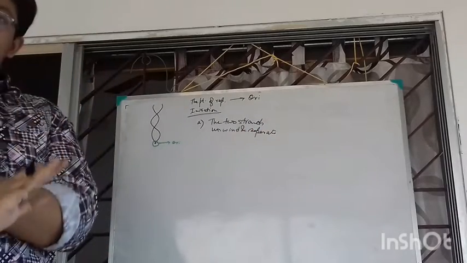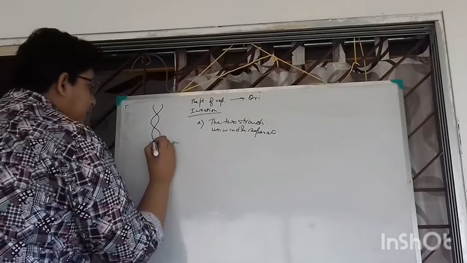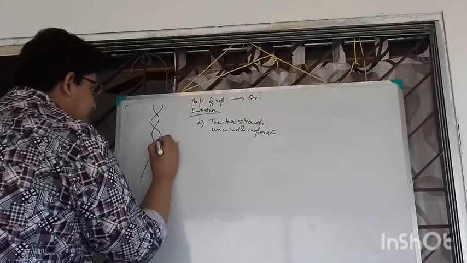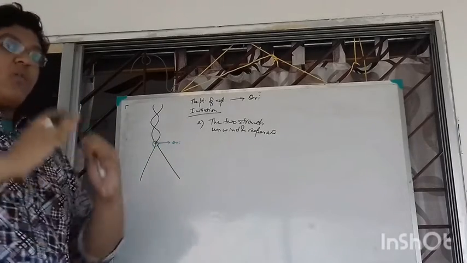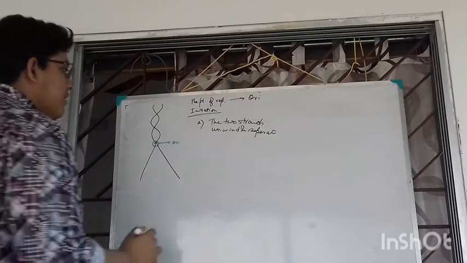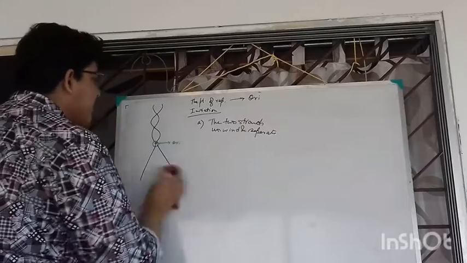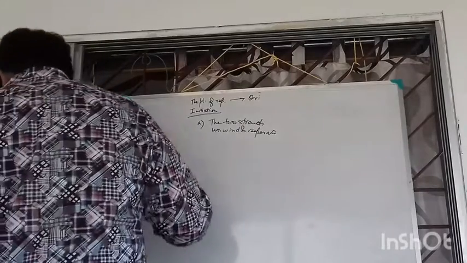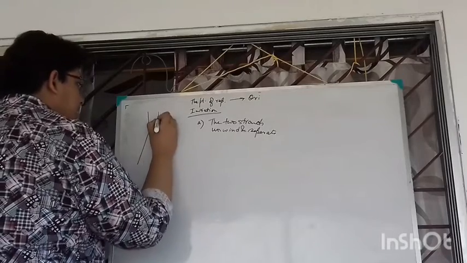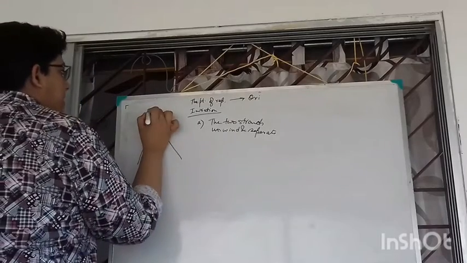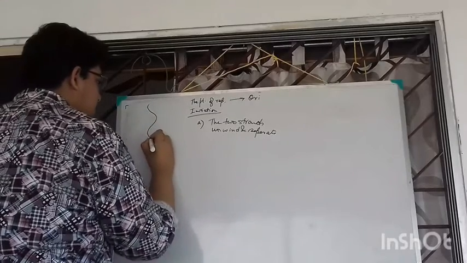The two strands are formed like this, they separate. From here they form a Y-shaped structure, like this. This can be drawn in more detail like this. And before this, these are the replication structures.